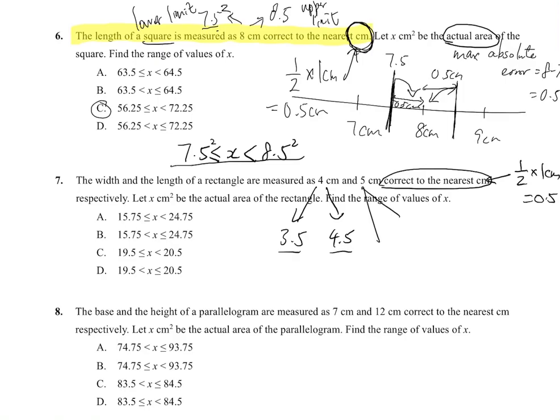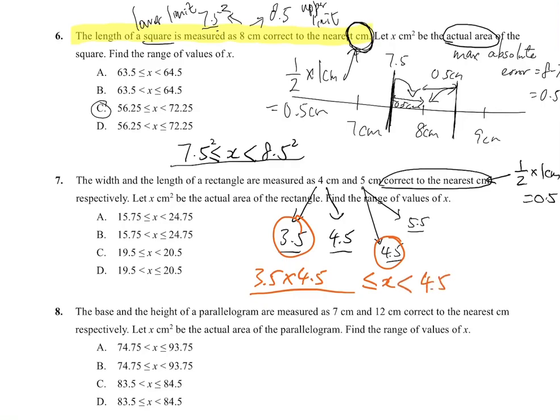Similarly, for the length of that rectangle, we will have 4.5 and 5.5 as the lower and upper limits. The lower limit of the length times the lower limit of the width will give you the lower limit of the area. So 3.5 times 4.5. Again, using the same principle that it can be equal to the lower limit but not the upper limit, we will use the upper limit.